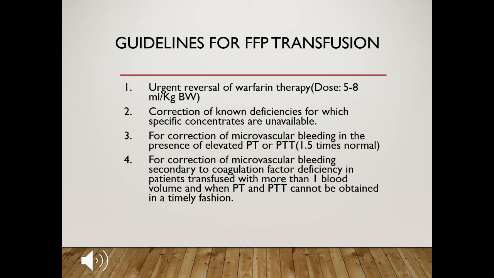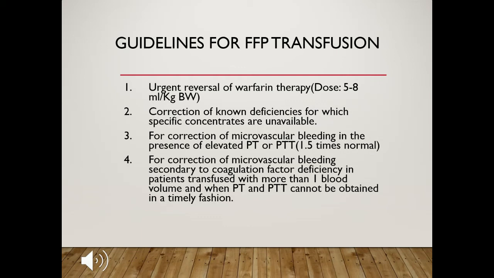Number 3, for correction of microvascular bleeding in the presence of an elevated PT or APTT more than 1.5 times the normal. So if there's a patient who has bleeding and the prothrombin time and APTT are abnormal, then you may transfuse FFP.